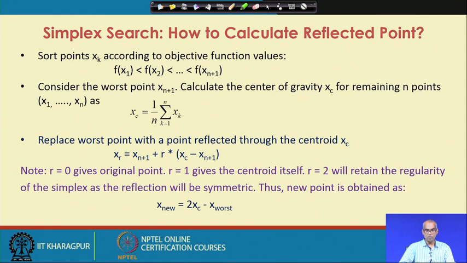If r equal to 1, you get the centroid itself. R equal to 2 will retain the regularity of the simplex as the reflection point will be symmetric. Thus, the new point is obtained as setting r equal to 2, and if you set r equal to 2, you see that you get x r equal to x n plus 1 plus 2 x c minus 2 x n plus 1, which is equal to 2 x c minus x n plus 1.